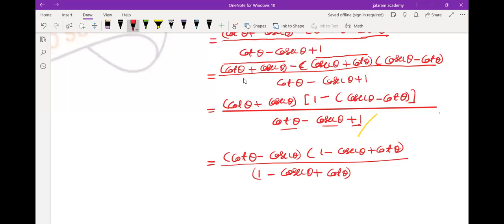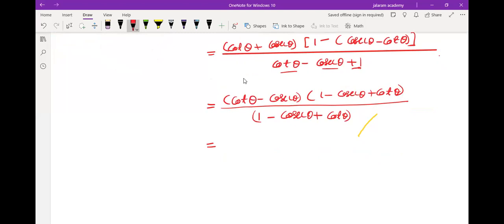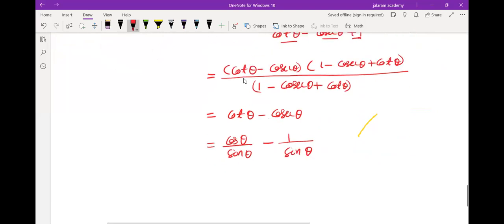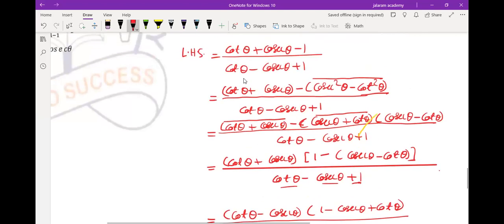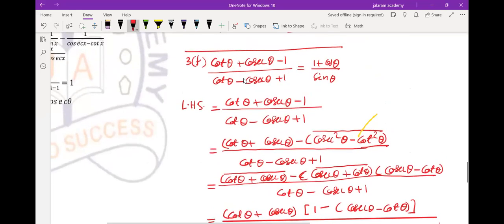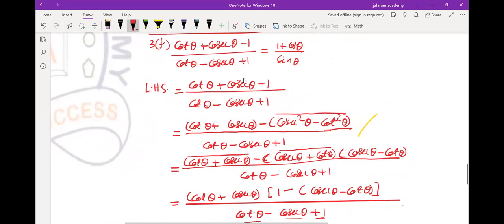So 1 minus cosec theta plus cot theta in the numerator and denominator will be cancelled out. So it is cot theta minus cosec theta only. Now this cot theta can be written as cos theta by sin theta minus cosec theta, which is 1 by sin theta. And if we take LCM sin theta, it is cos theta minus 1 upon sin theta. We have to bring 1 plus cos theta.